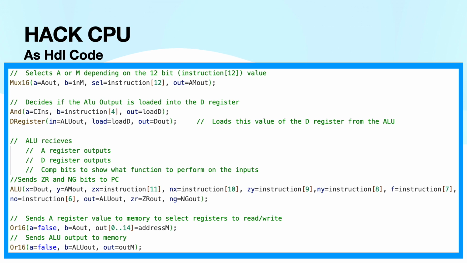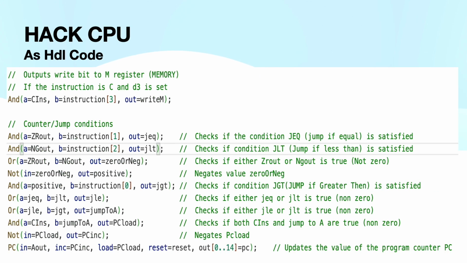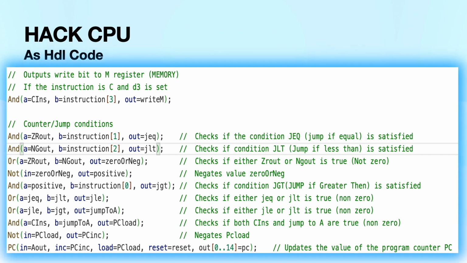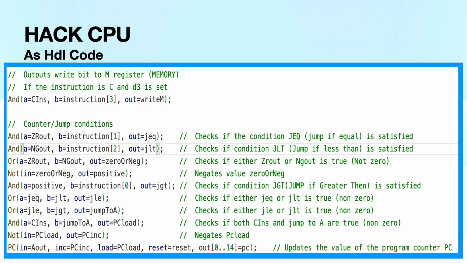Okay, now we're up to the final bit of the code. So this bit outputs writeM to the M register, which is the memory, if the instruction is C and D3 is set. So then the counter/jump conditions.